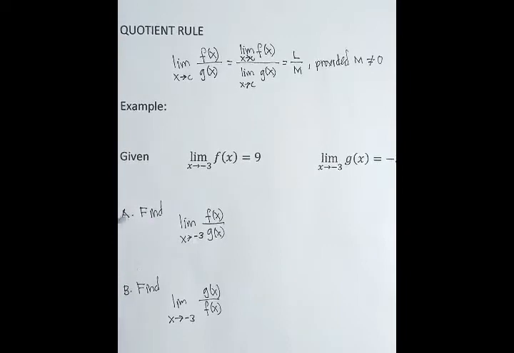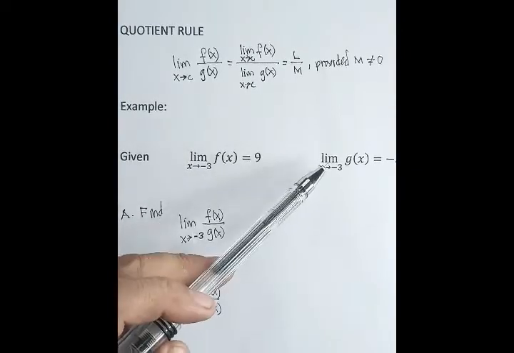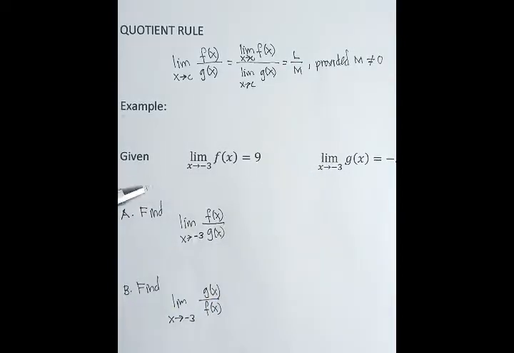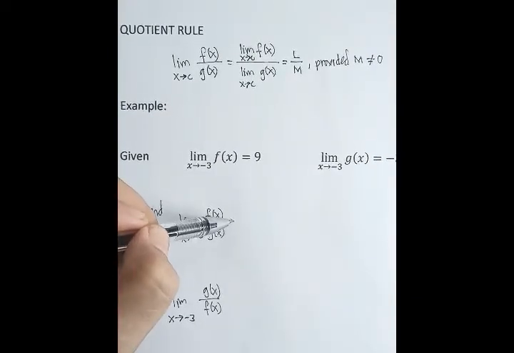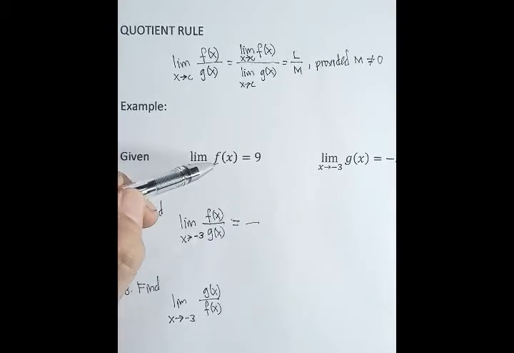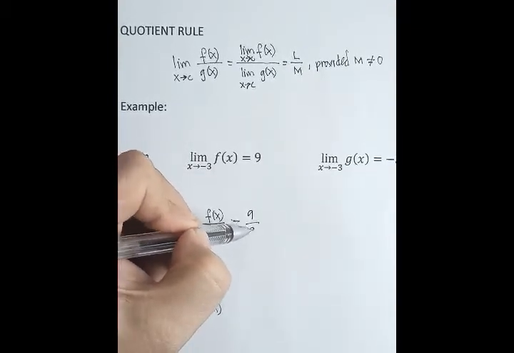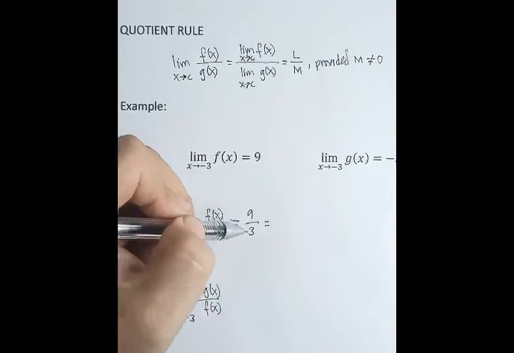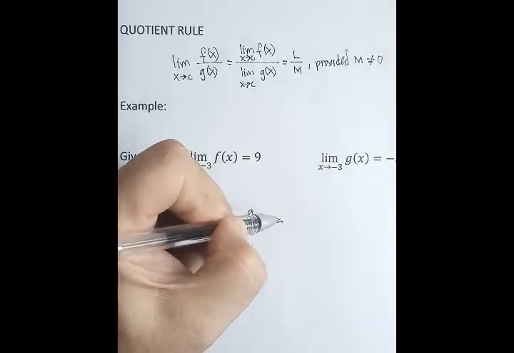Okay, let's have some examples. For letter A, given these expressions, the limit of the function of x as x approaches negative 3 is 9. Then the limit of g of x as x approaches negative 3 is equal to negative 3. For letter A, it is f of x divided by g of x. So it is simply 9 over negative 3, so we have 9 divided by negative 3, which is negative 3.